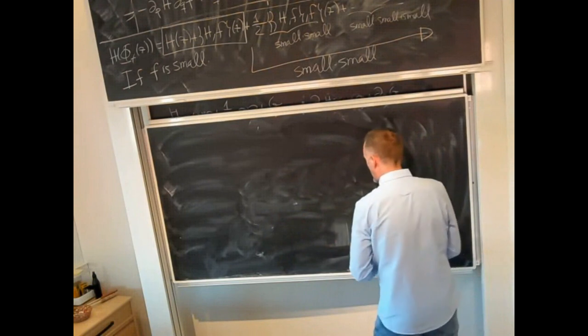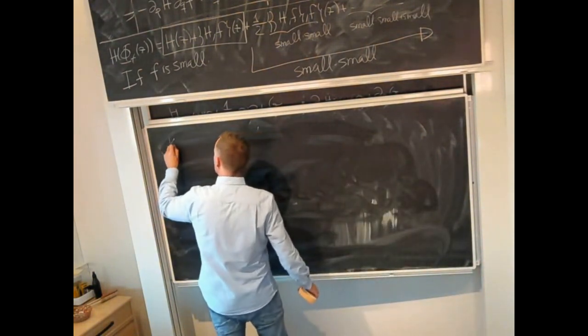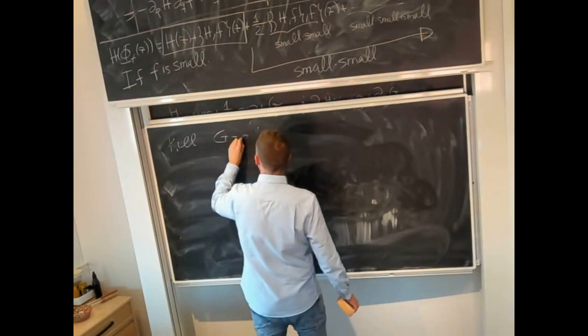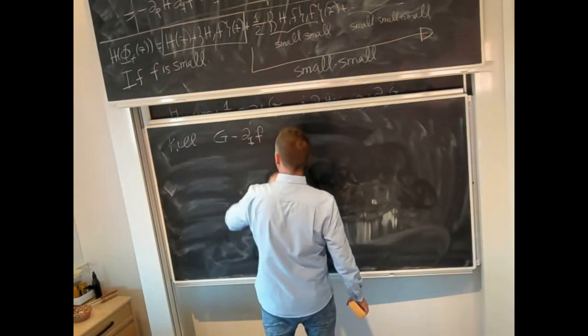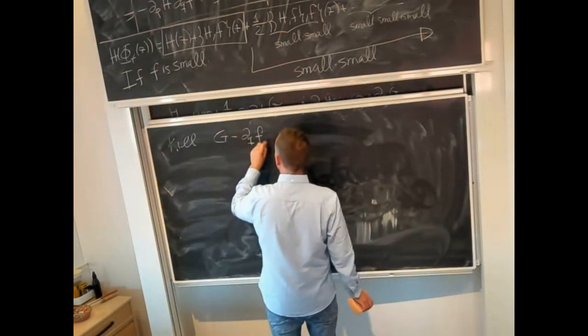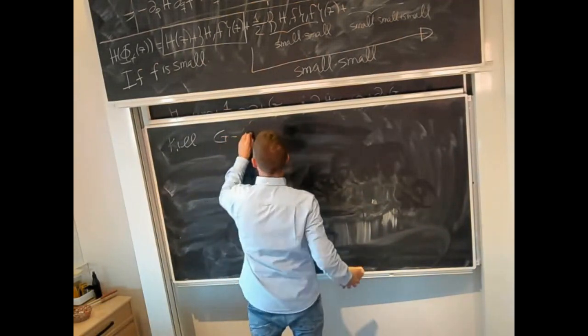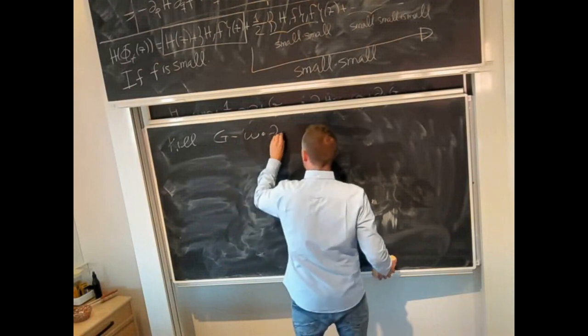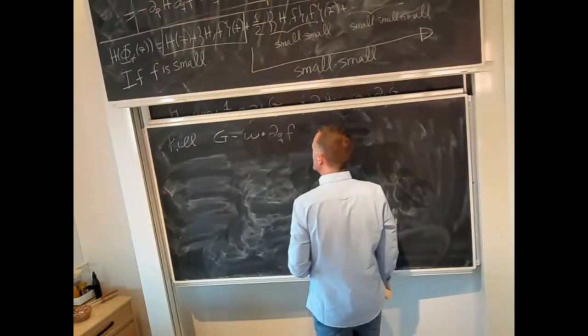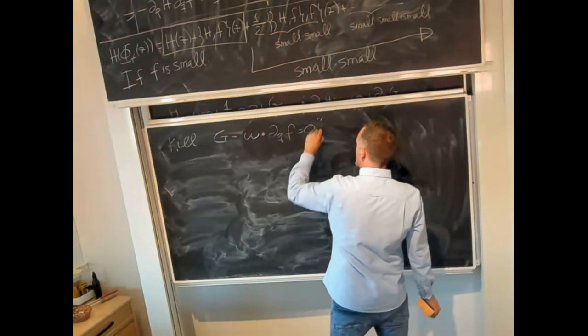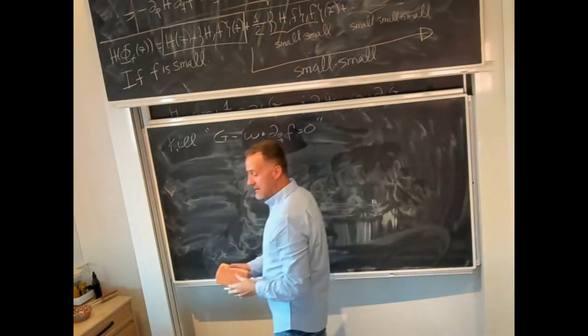Now it's a game. We want to kill g minus omega times dq of f. Okay, so we want this to be 0. Now, can this be 0?